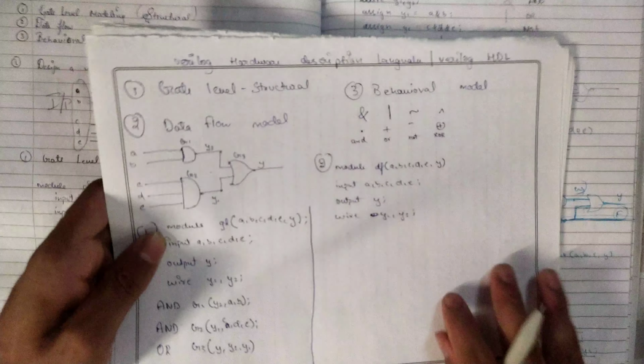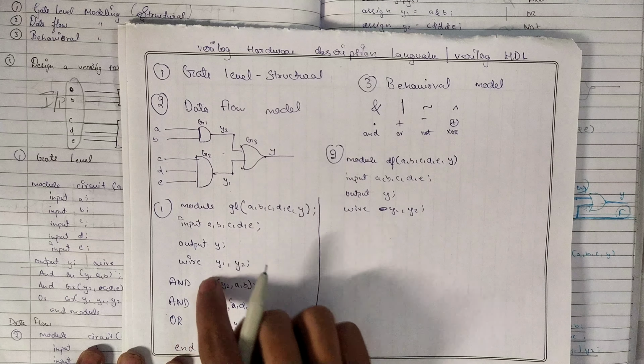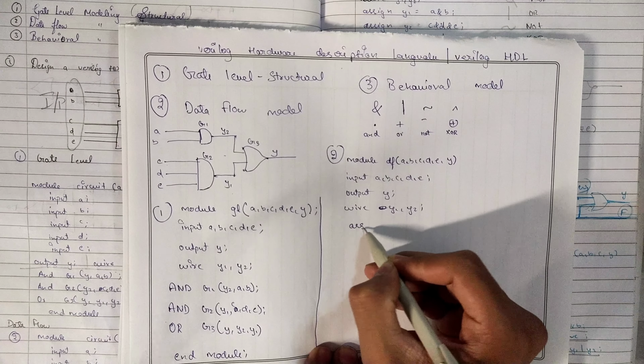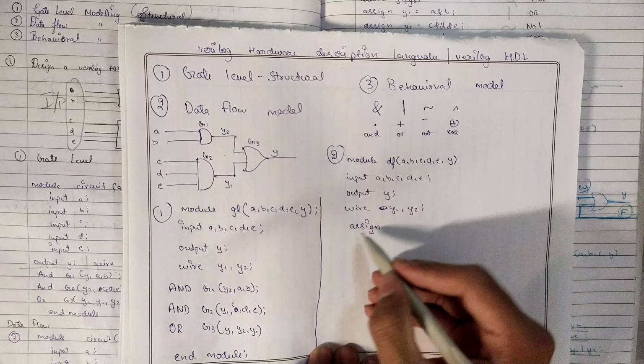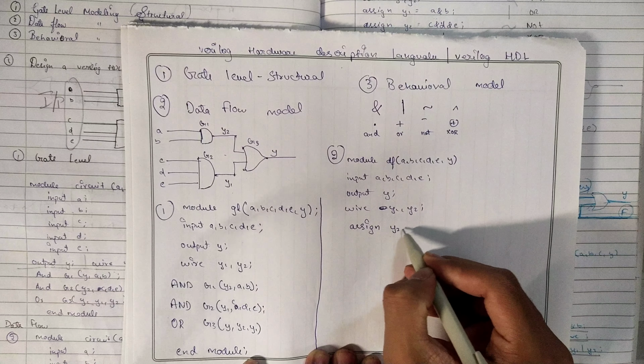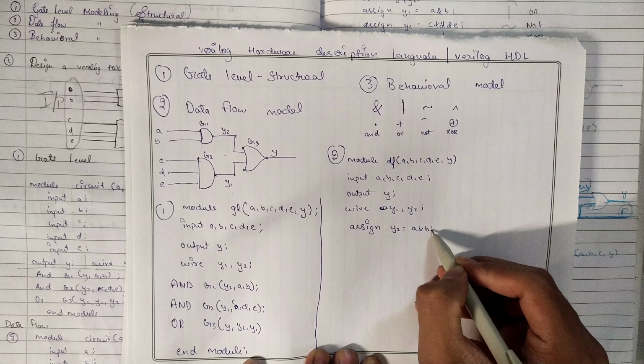Now, here what we will do, instead of writing the gate name and giving this, simply we will write the function as assign. Now, what is the first output here, Y2 is equals to A and B, okay.